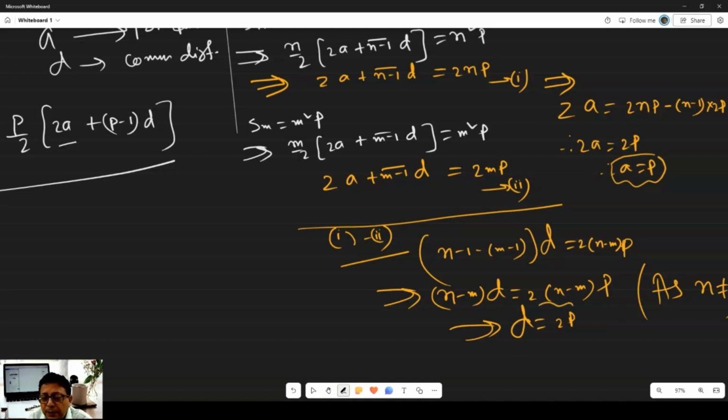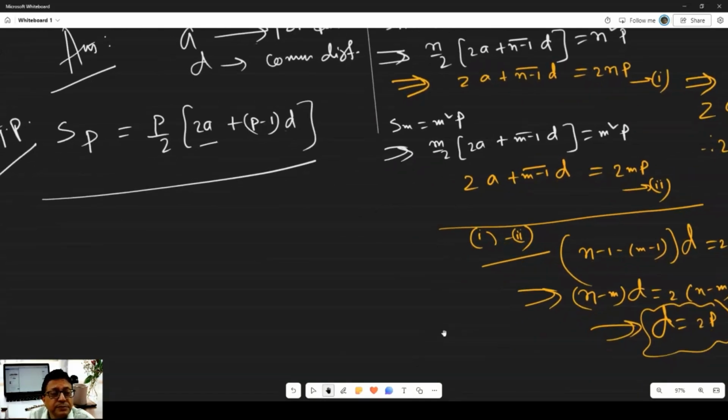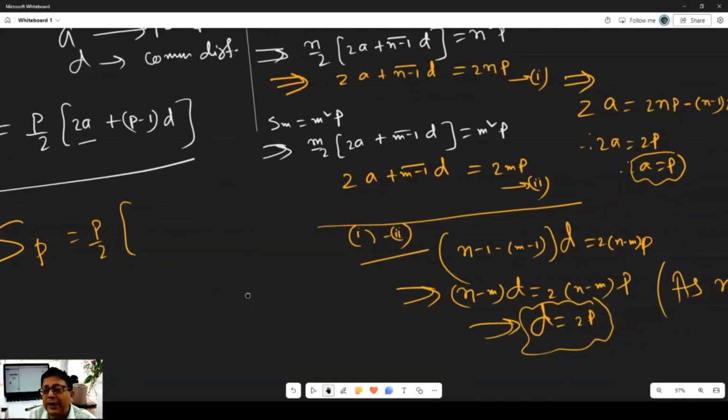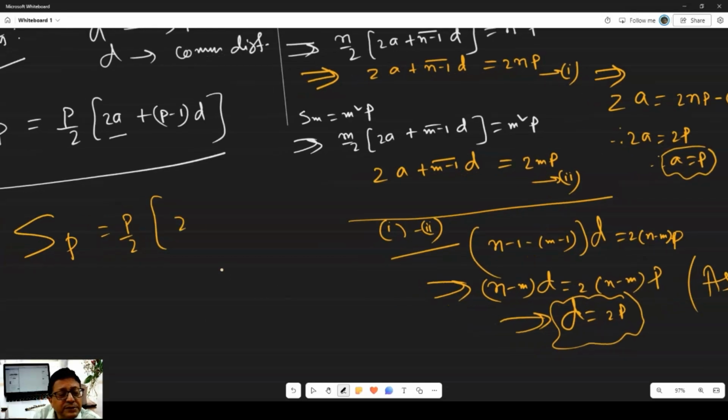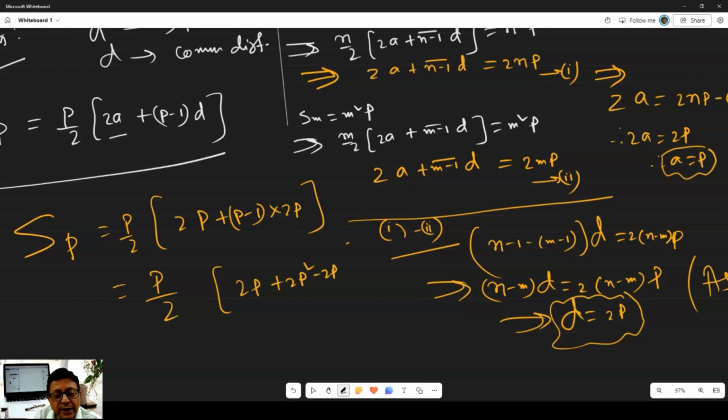Once you get a equal to p and d equal to 2p, we have Sp now. Now Sp will be what? p by 2, put the value of 2a. 2a we got what? 2p. d what? 2p. Just substitute. So p by 2, 2p square minus 2p.